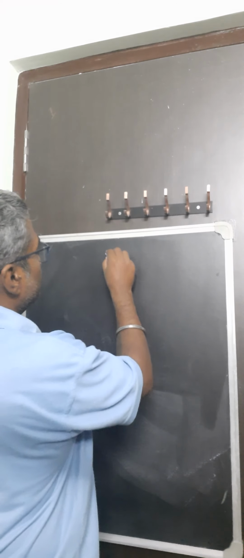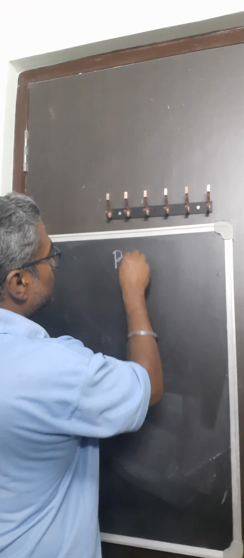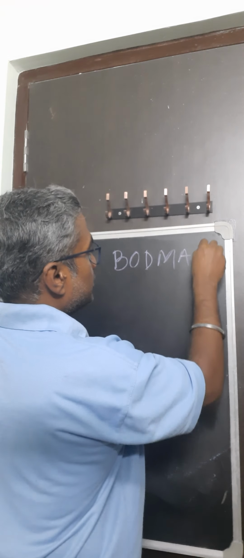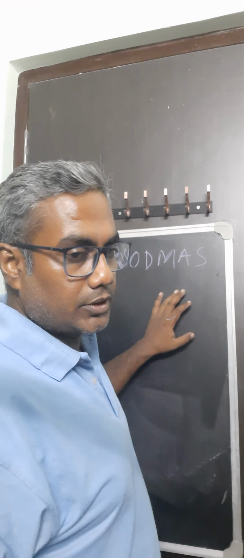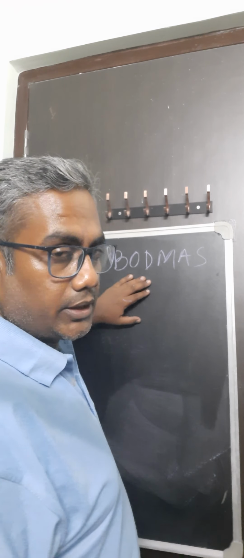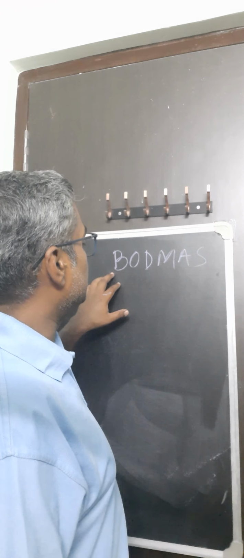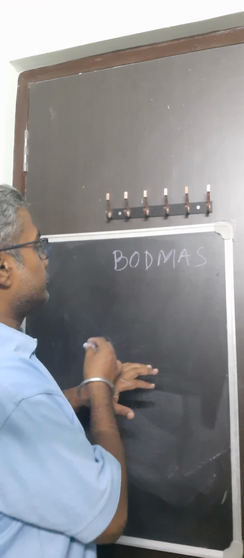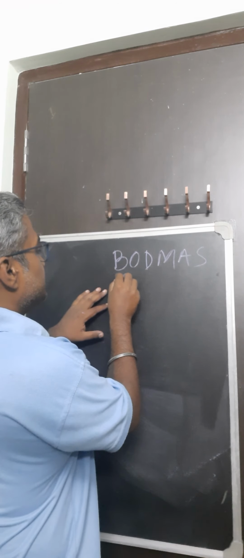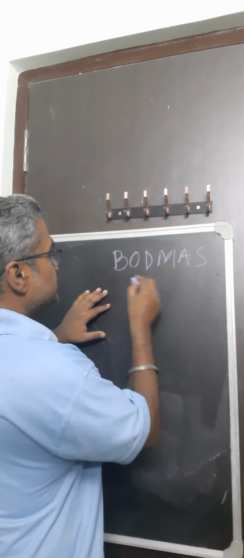Okay, the second condition is that it won't follow the Bodmas rule. The Bodmas rule says that in any computation of a linear equation, when several operations come, there is a pattern to follow.